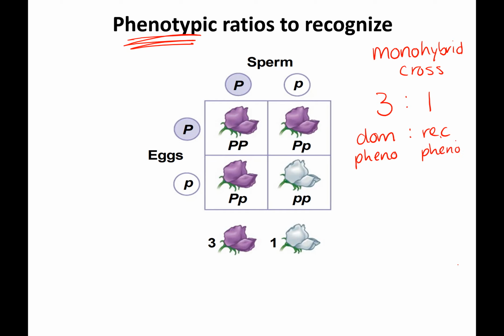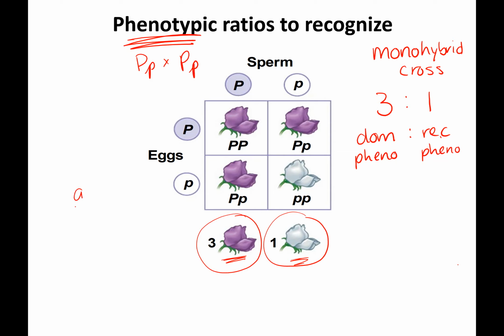So you had parents that were big P, little p crossed by big P, little p, a monohybrid cross, and when you look at phenotypes, you have 3 purple, 1 white. 3 of the dominant phenotype, 1 of the recessive.